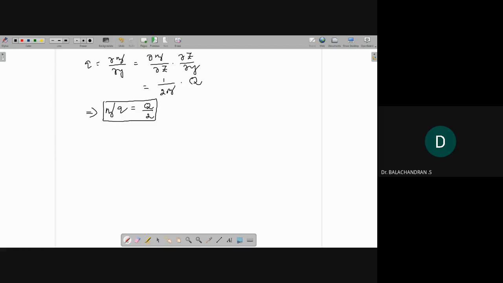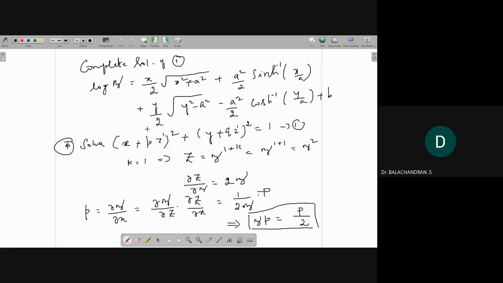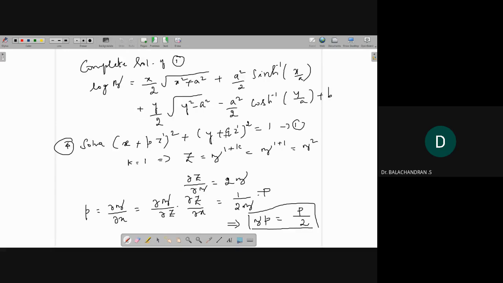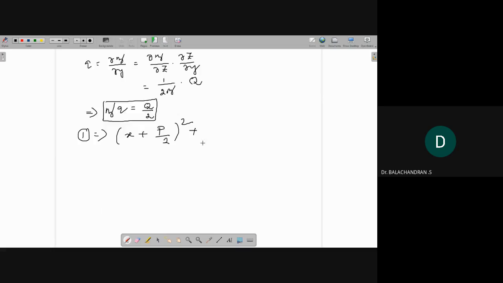Okay, so now x plus zp, so x plus capital P by 2 whole square. Equation 1 implies x plus capital P by 2 whole square plus similarly y plus qz, where qz is capital Q by 2, whole square is equal to the right hand side, 1.